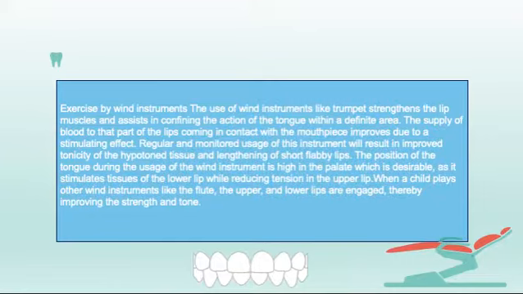The position of the tongue during this usage is high in the palate, which stimulates tissue of the lower lip while reducing tension in the upper lip. When the child plays another wind instrument like the flute, the upper and lower lips are engaged and thereby improve strength and tone.